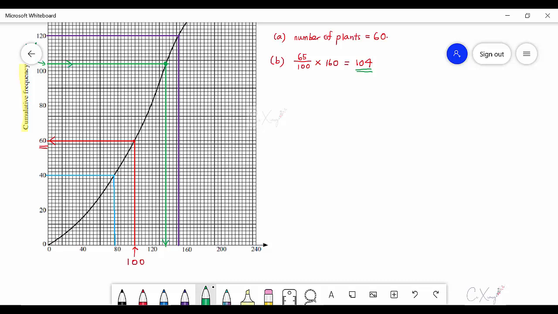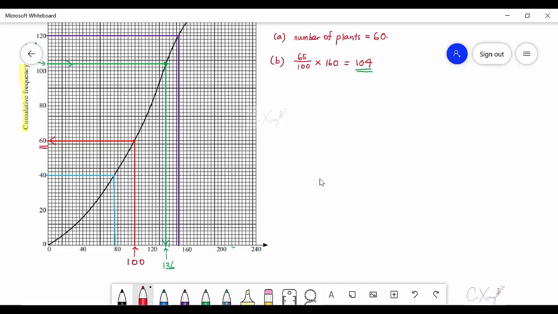I have to read the value very carefully. If this is 120, and this is 140, then one box before 140 will be 136, where each small box here denotes 4 units on the x-axis. So from here, I can see that it's actually 136.